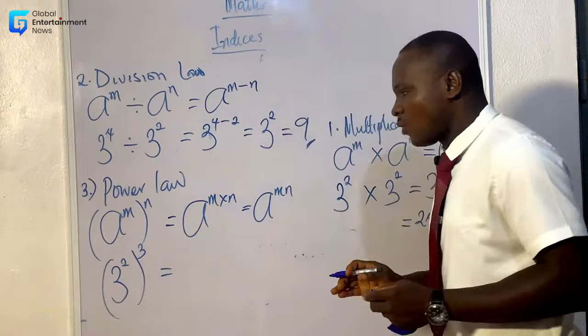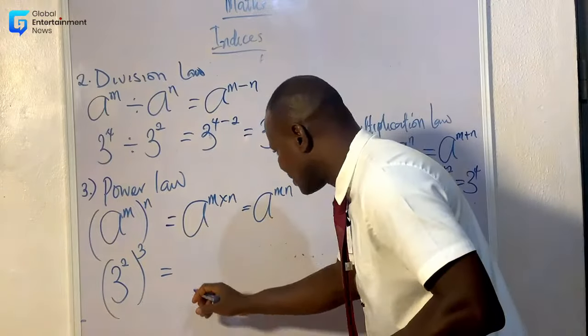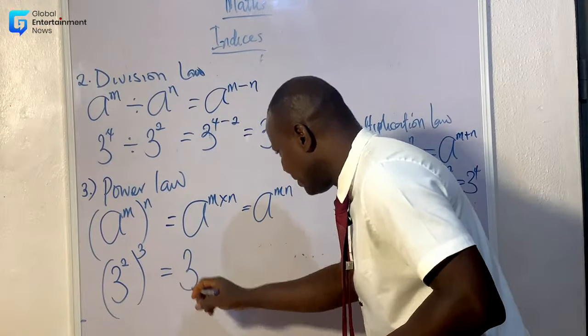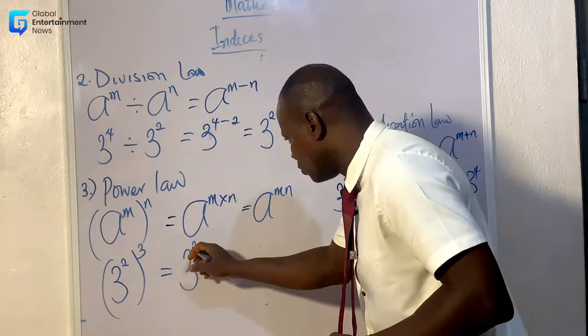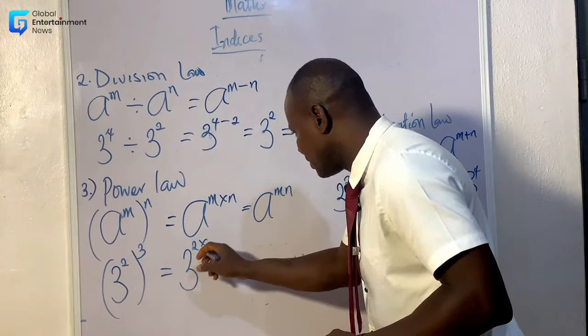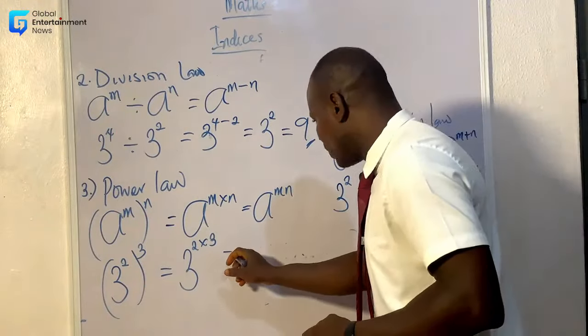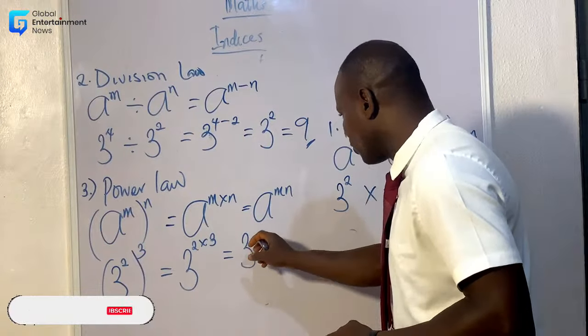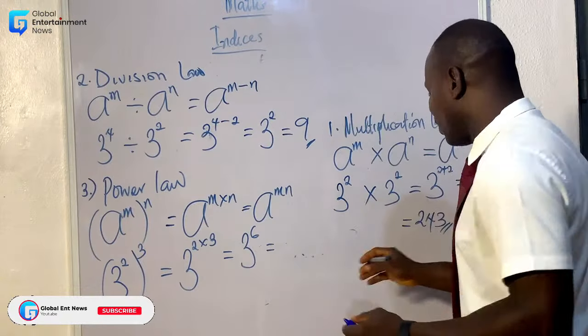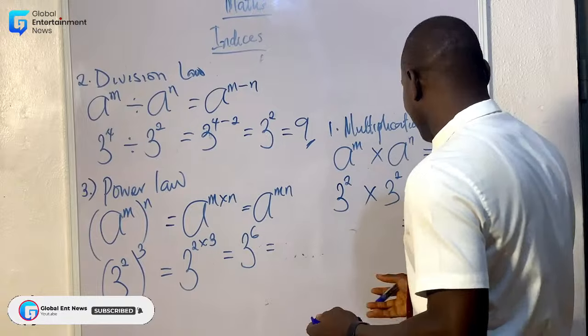With this one, we say 3 all raised to power 2 times 3, which is the external index. And with this one, we have 3 raised to power 6.